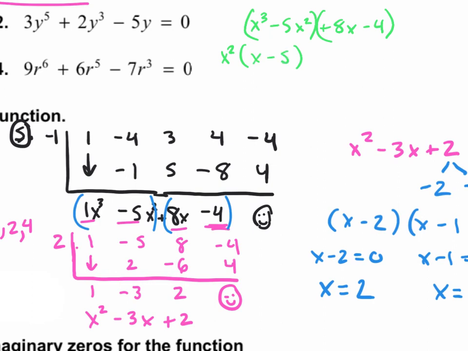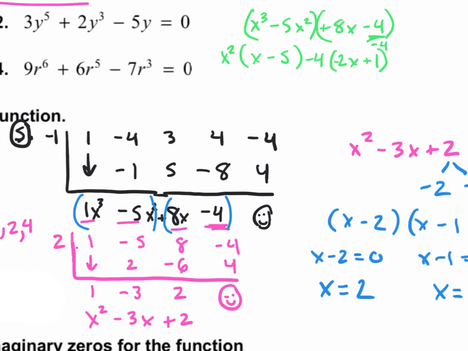And then what can we take out of the second group? Negative 4. So then what are we left with? Negative 2x plus 1, because we have to include that 1 there. Because we're dividing by negative 4, so what's negative 4 divided by negative 4? 1.